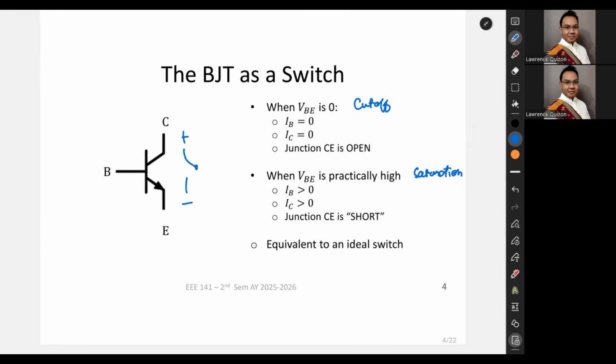Then if VBE is high, then the switch closes because we can allow any IB or IC to pass through. Now we know that practically the BJT doesn't allow just any IC to pass through, pero because of these rules, we can practically say that the switch is closed if we are using a BJT. So you can think of the BJT as a voltage controlled switch.